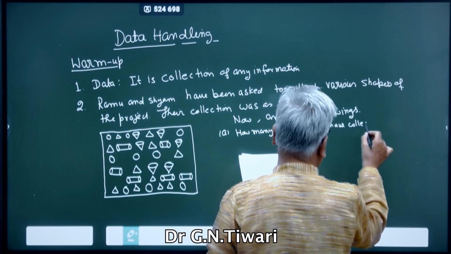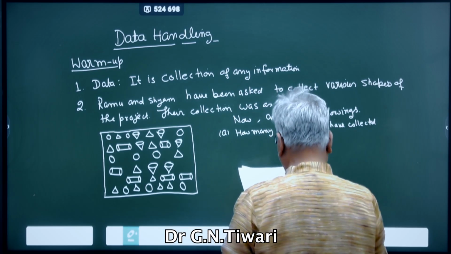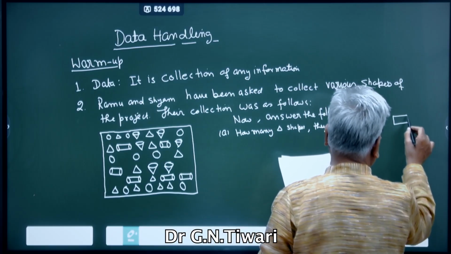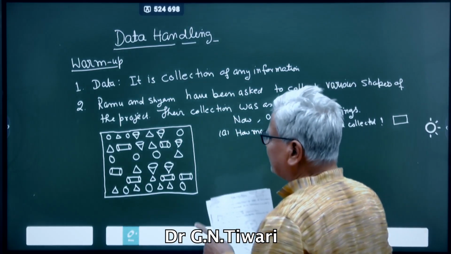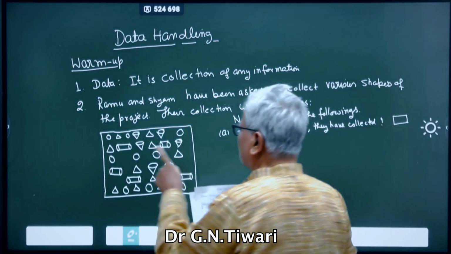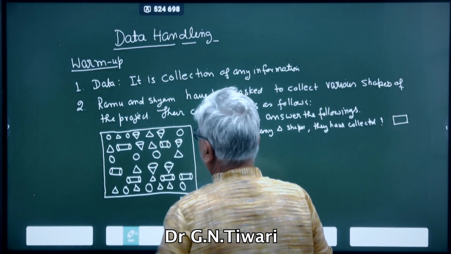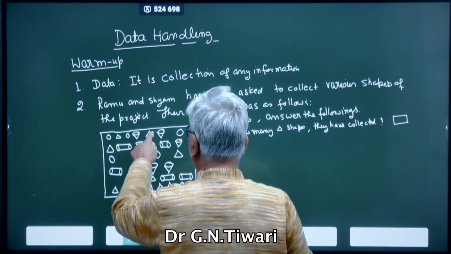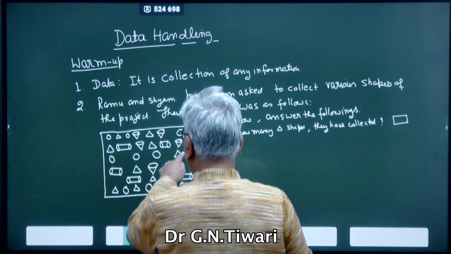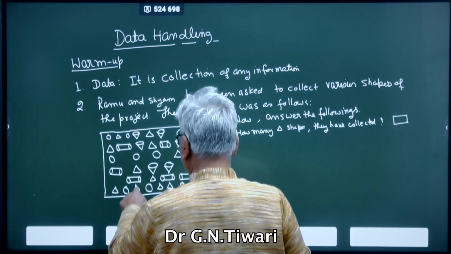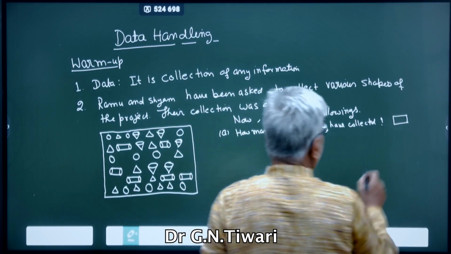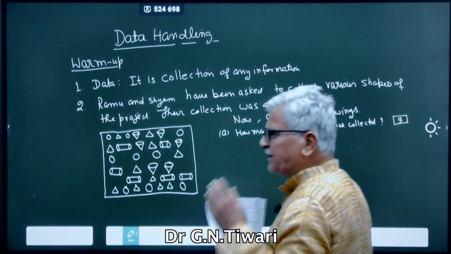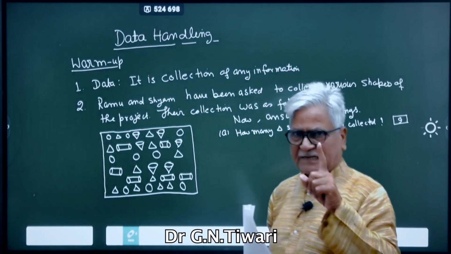Very simple question. So a student has to repeatedly count the triangle shape. Suppose 1, 2, 3, 4, 5, 6, 7, 8, 9. If they write 9 here, so every time any visitor asks, they can say there are 9 triangle shapes.